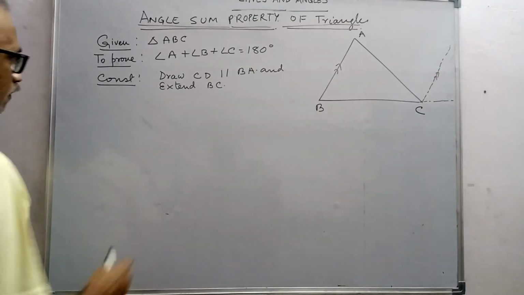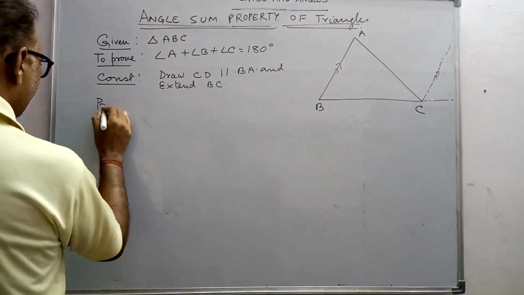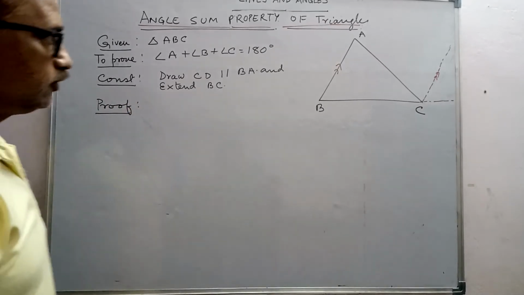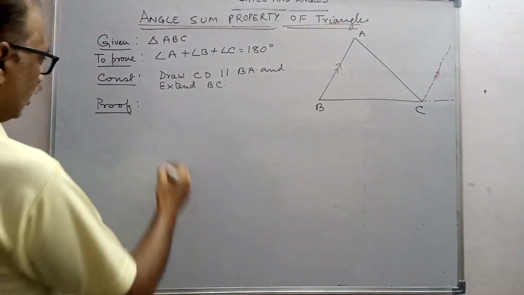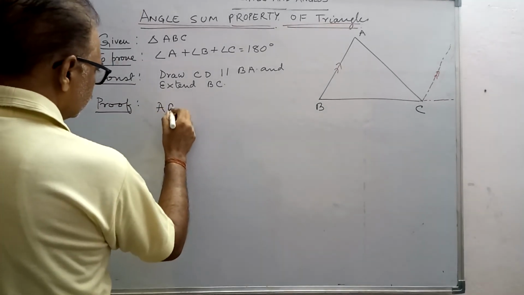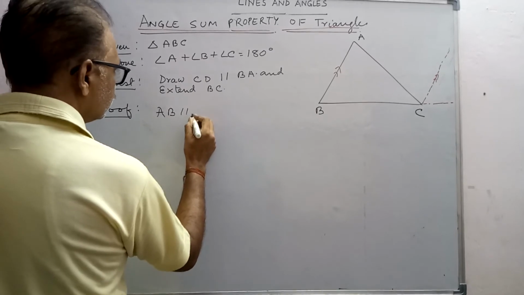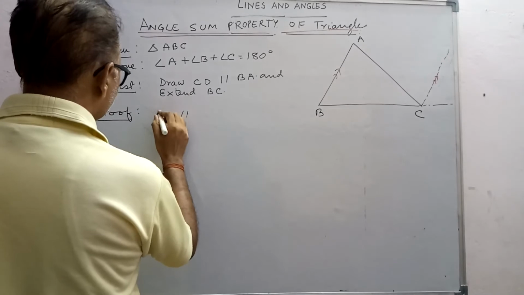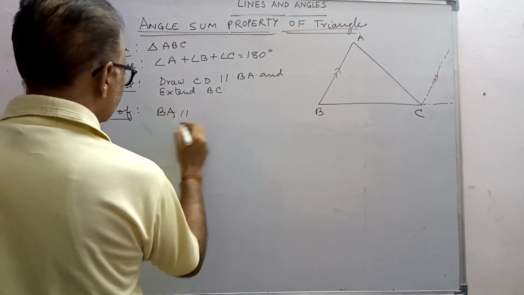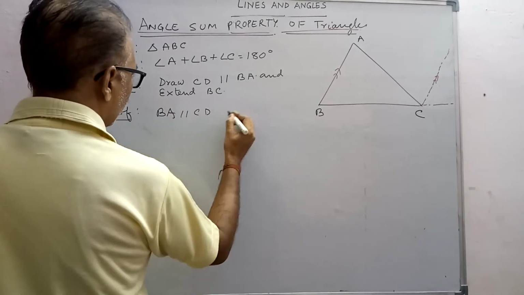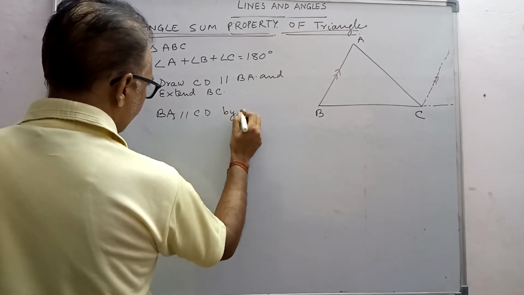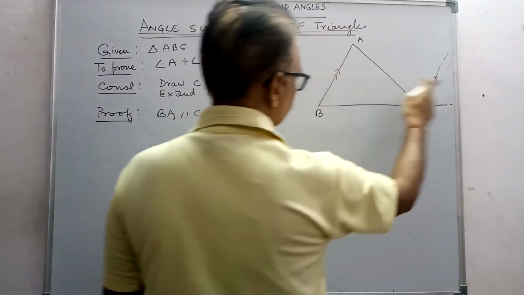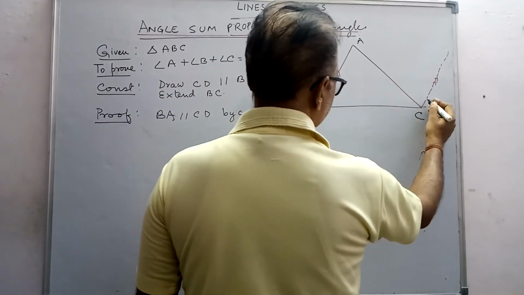Now the proof part. You see BA is parallel to CD. Why? By construction. So you see, if these two lines are parallel, this angle shall be equal to this angle.